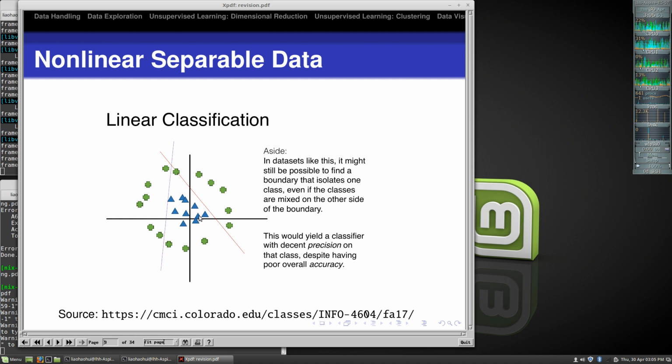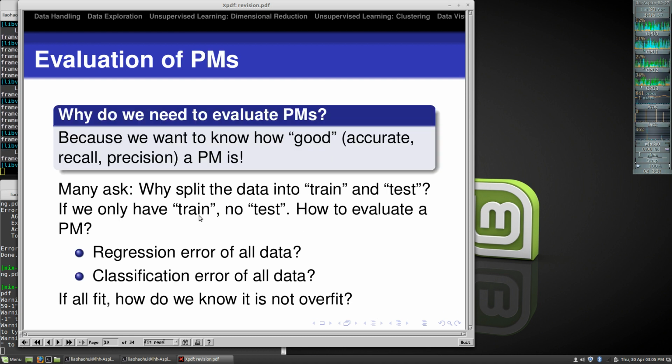So these are the various ways of classifying predictive models. It very much depends on the type of data we are dealing with.